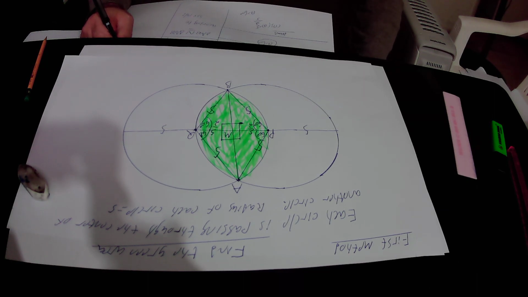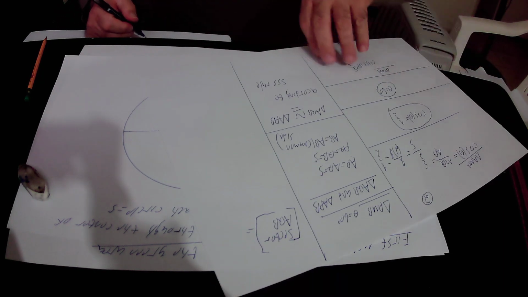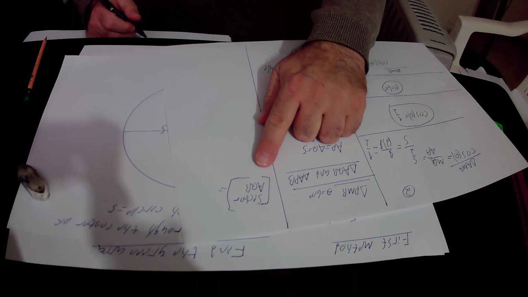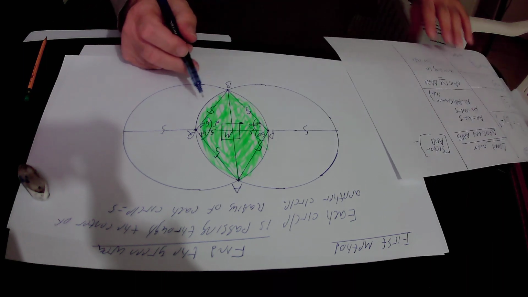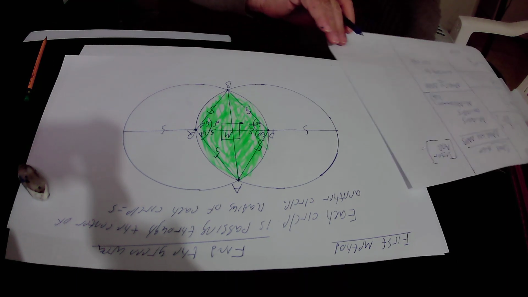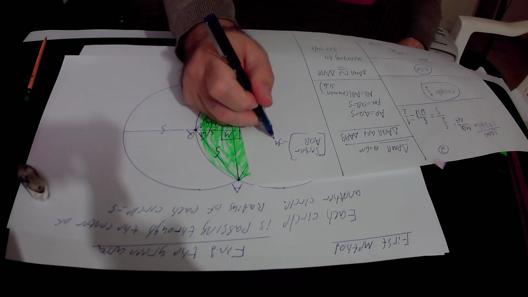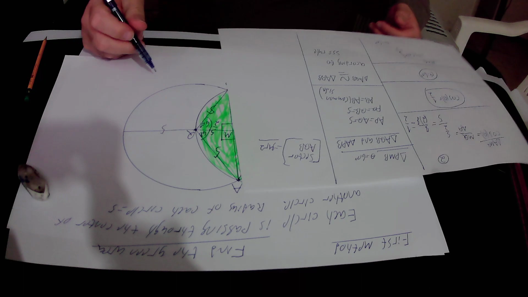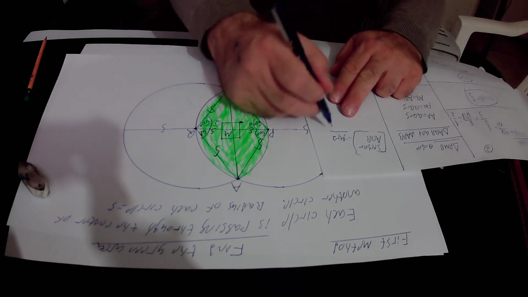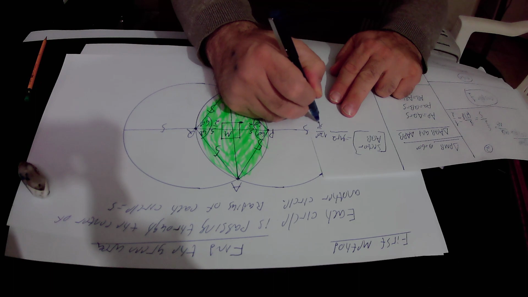The area of sector AQB, the squared brackets here mean the area, so it means the area of sector AQB will be equal to pi r squared times, 60 plus 60 is 120, 120 degrees over 360 degrees.